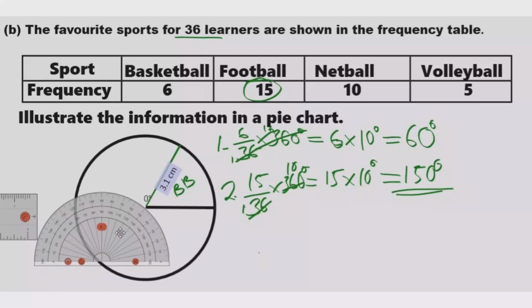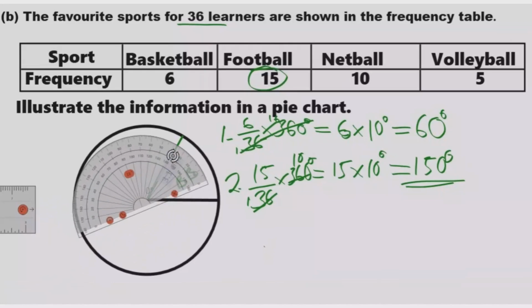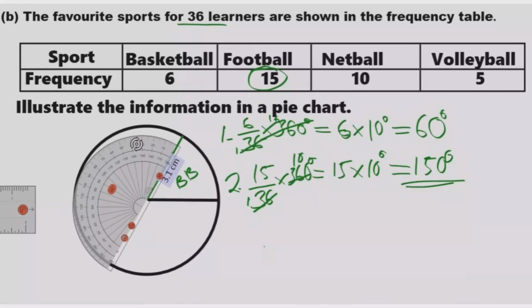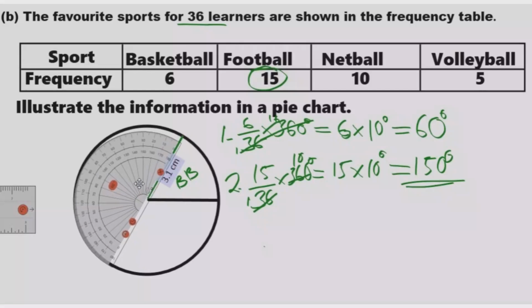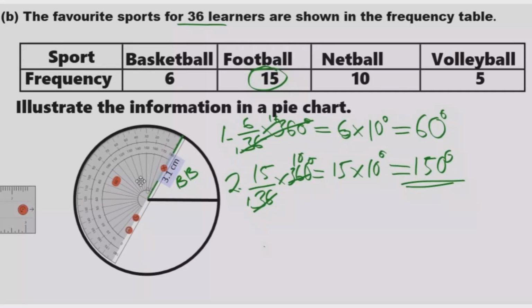Okay, so now what do we do here? We turn this following the green line. We make sure it is following the green line. Then we bring this center point here. Then we check where there is 150, counting the outer numbers. Starting from the right going up to 150, it's here. So this is the line on 150.